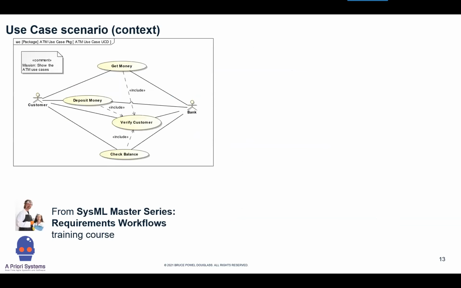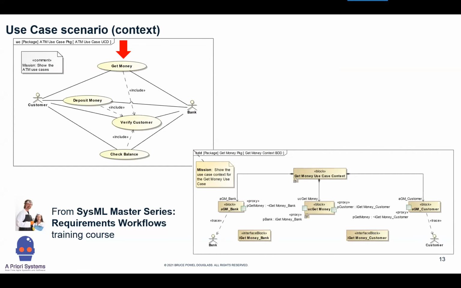So here's an example. This is from a training course that I teach. We have an ATM system. We have use cases like get money, deposit money, verify customer, check balance. If you look at get money, what I do, and we'll talk about how to actually do the analysis later, is represent a structural context. I've got a block that represents the use case.